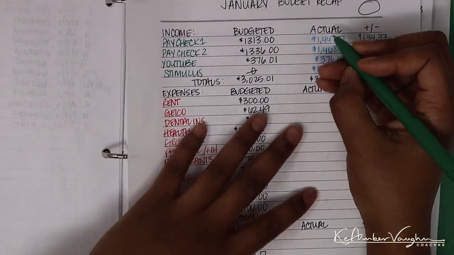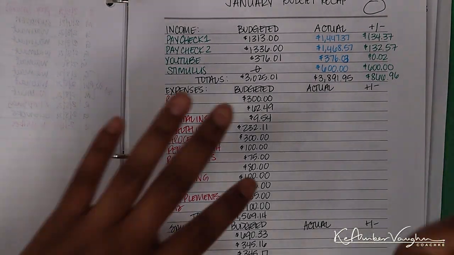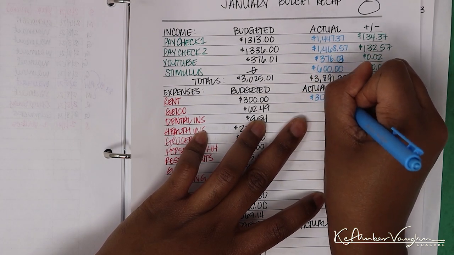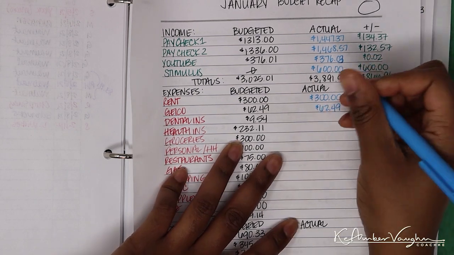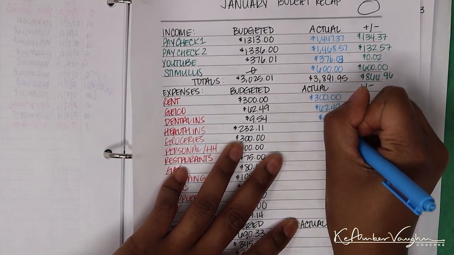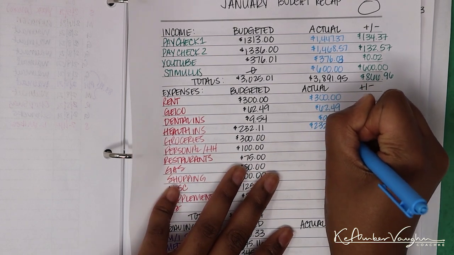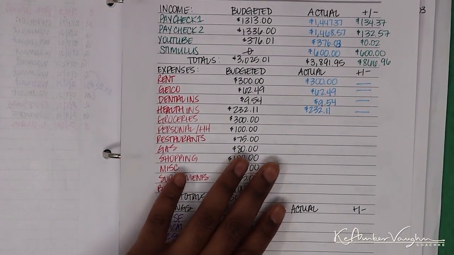Okay, so now let's go down for the expenses, and let me get the right color. My rent was $300. My rent is low because I choose to live with my mother and sister. All of this is always correct. So then I'm just gonna do this on the plus and minuses.